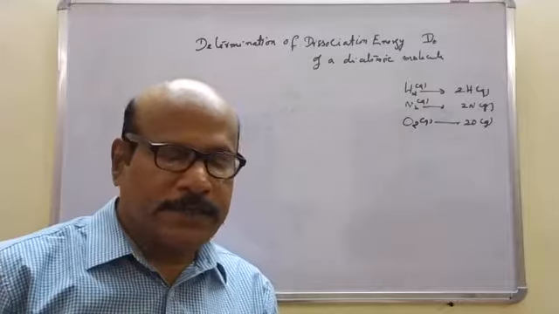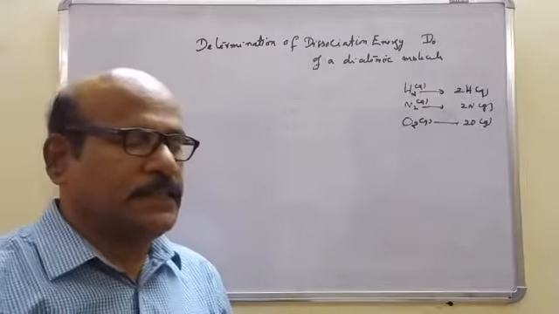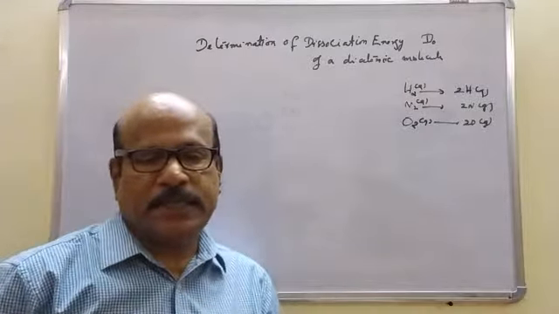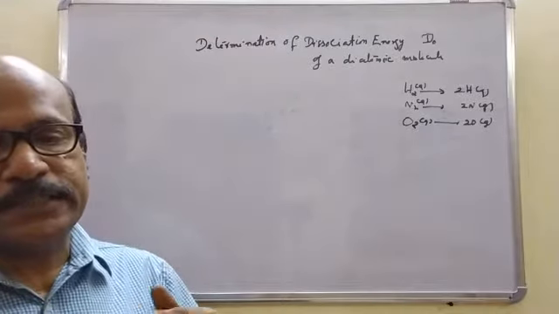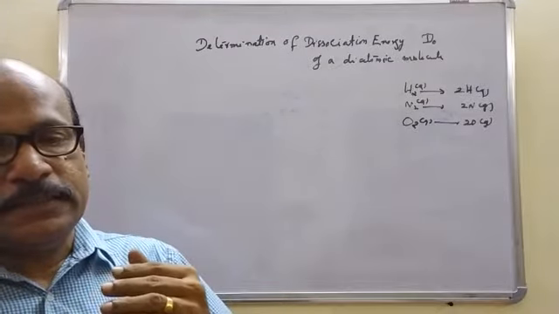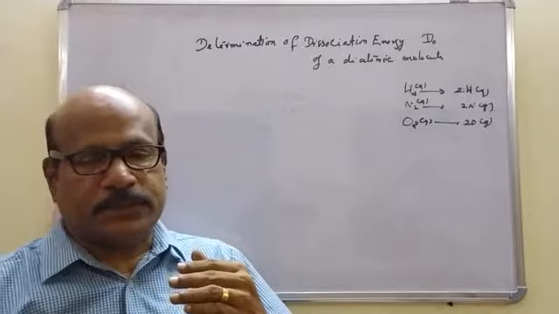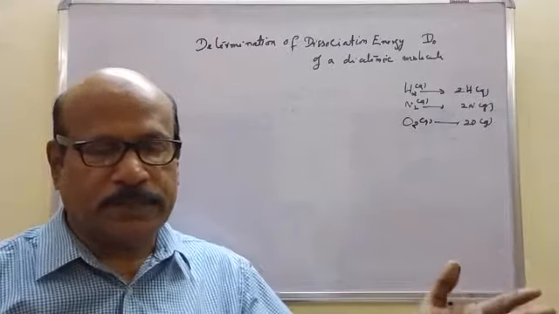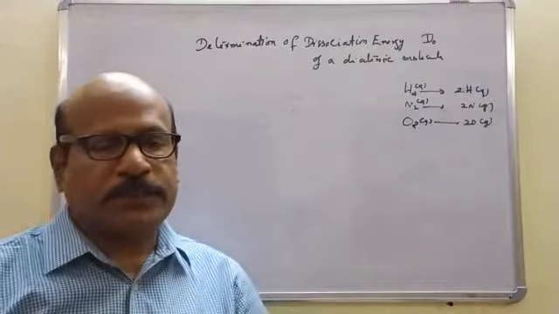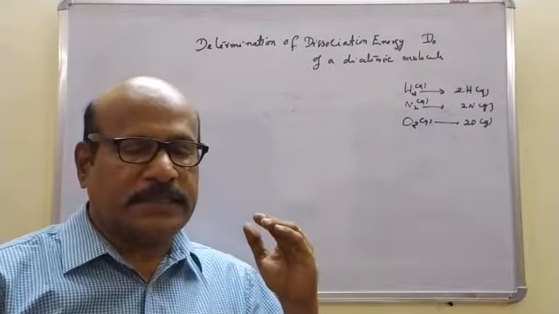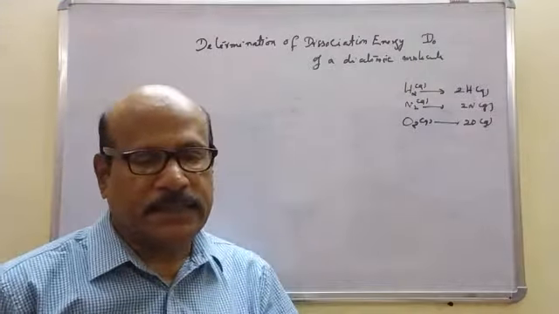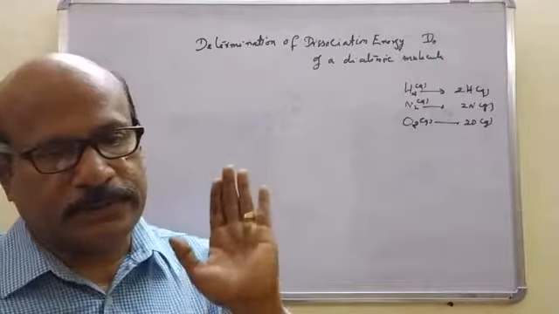For that you have to consider a case in which the excitation energy of the molecule is so large that the upper potential energy curve is shifted to a greater extent to the right side.